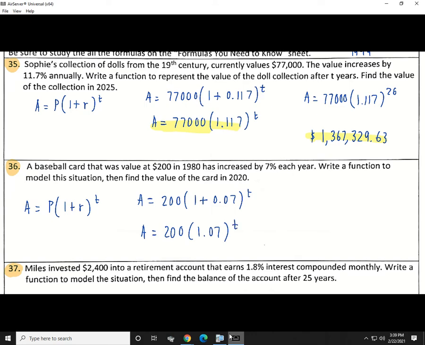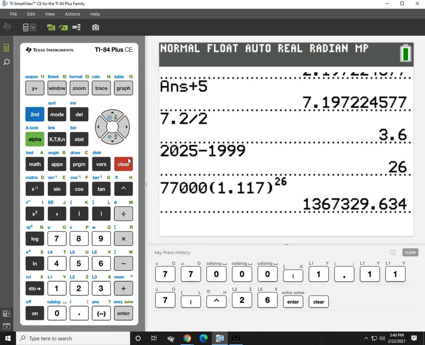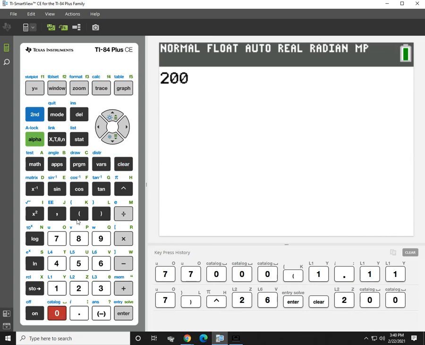Okay, so that's part one. The next part, though, is let's solve. Okay, well, we're talking about from 1980 to 2020. How many years is that? That's 40 years. So I'm going to type in 200 times 1.07 raised to the 40th power. That's huge. That's a bunch of years. So let's see how much it increased over those years. 200 was the starting amount.